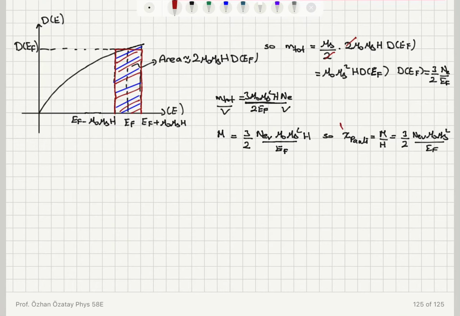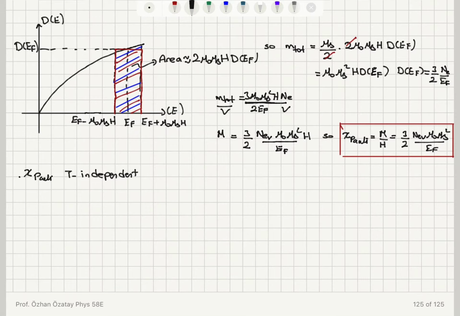So indeed this is not temperature dependent.